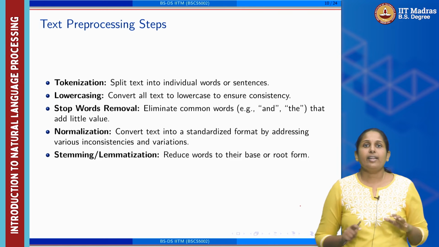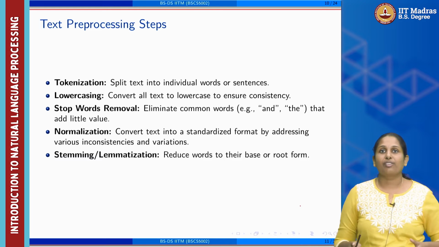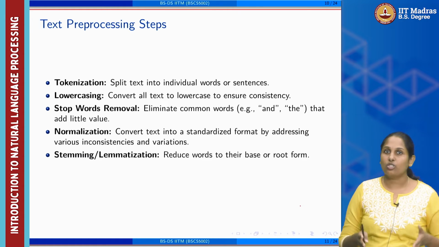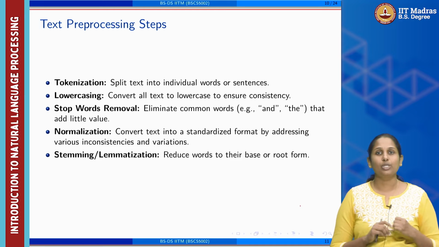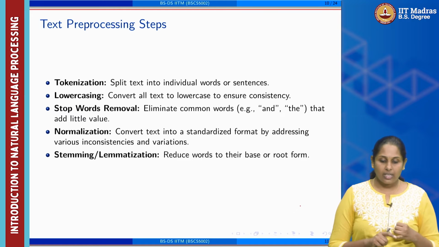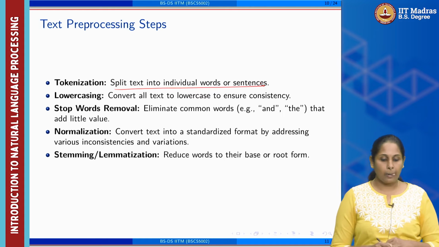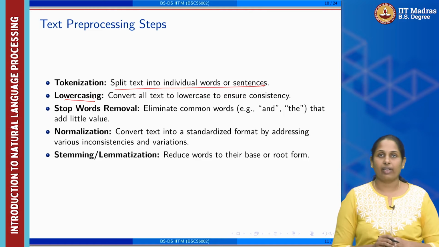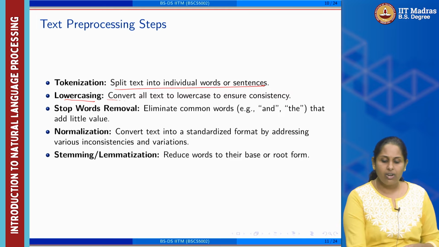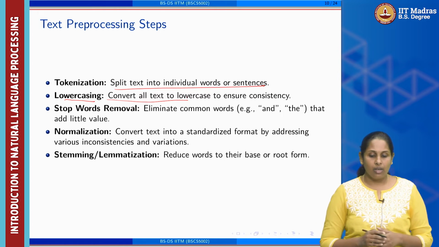Okay. What steps do we need to follow now? Text pre-processing involves a lot of tasks, and it starts with tokenization, which is splitting the text into individual words and sentences. Then lowercasing, especially in languages like English where there is a difference between lowercase and uppercase, converts all the text to lowercase, which ensures consistency.